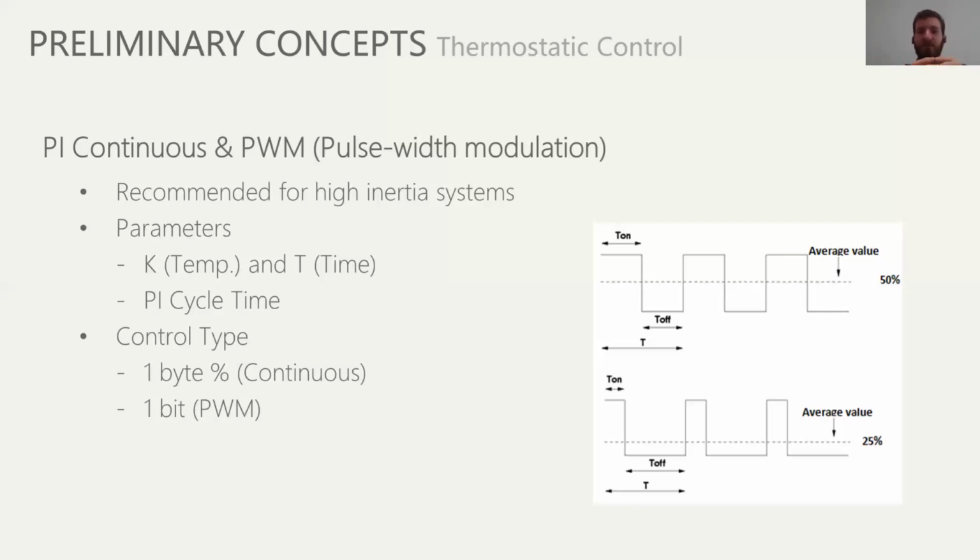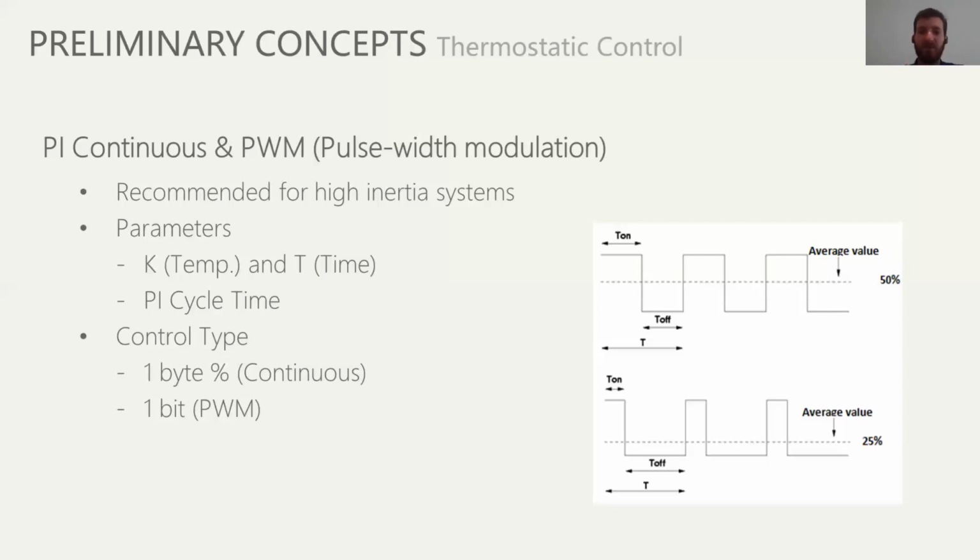Ideally, with a PI continuous, you would have the valve stuck at 30%, say, because that value would define a temperature for an underfloor heating system, for example, where the floor stays. If you want to achieve 23 degrees in the room, you can have the floor at 24.7, for example. And again, this depends on the particularities of the project or properties of the floor itself.